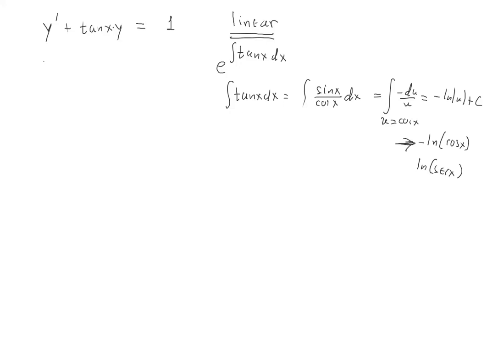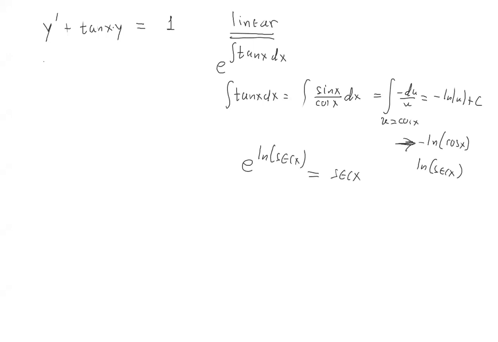Because the negative sign can go inside the ln as an exponent, so it's ln of 1 over cosine x, and that gives you ln of secant x. So when you take e to the ln of secant x, that's secant x.